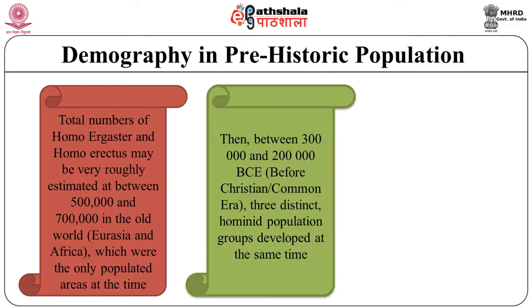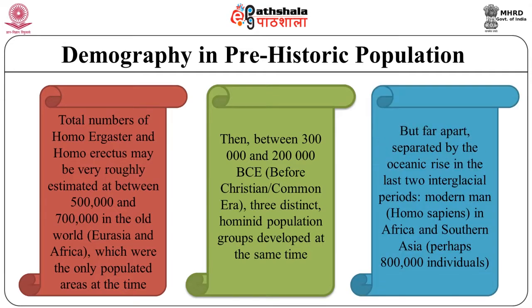Then between 300,000 and 200,000 BCE, that is before Christian and Common Era, three distinct hominid population groups developed at the same time but far apart, separated by the oceanic rise in the last two interglacial periods.